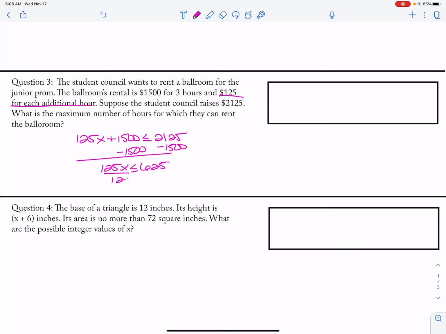Divide both sides by 125, and x is less than or equal to 5. You had 3 hours to start off with, so the maximum number of hours is a total of 8 hours, because you had 1,500 for 3 hours already. Okay?